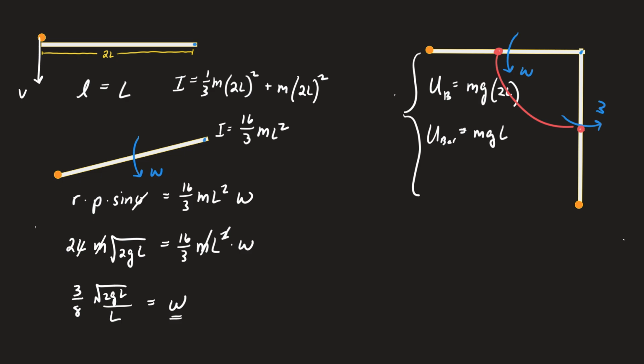But here's the part that's going to be just a mess. The kinetic energy of the bar is 1/2 times the moment of inertia of the bar, which is 16/3 mL squared, times its angular speed squared. So that's 3/8 square root of 2gL over L quantity squared.